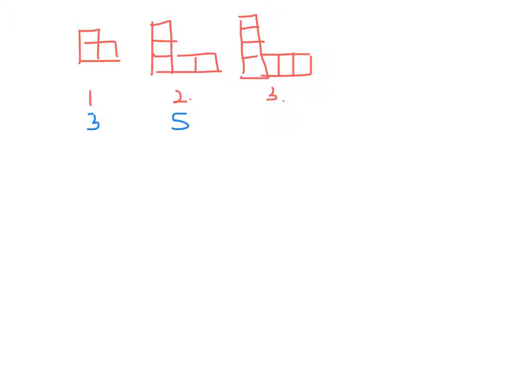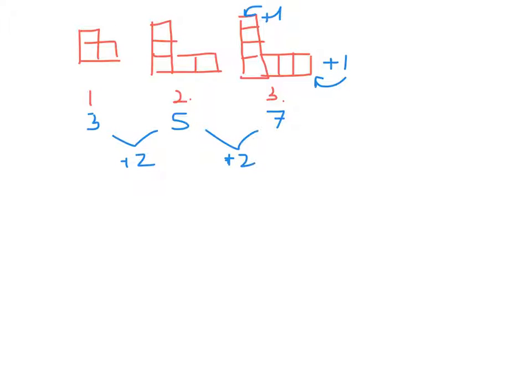There are 1, 2, 3, 4, 5, 6, 7 in number 4. So we can tell the pattern is it's going up 2 each time. So we could even be more detailed, and we could say it is adding 1 to each end. Plus 1, right? 1 here, 1 here.